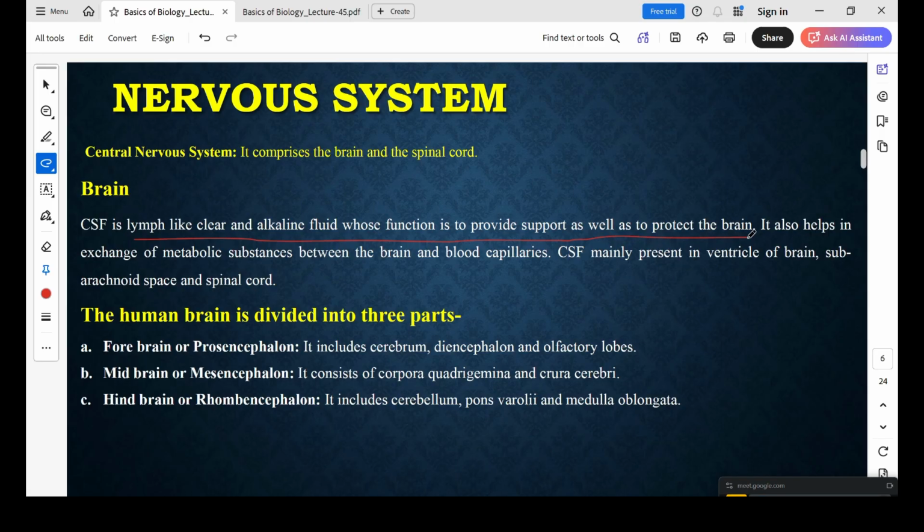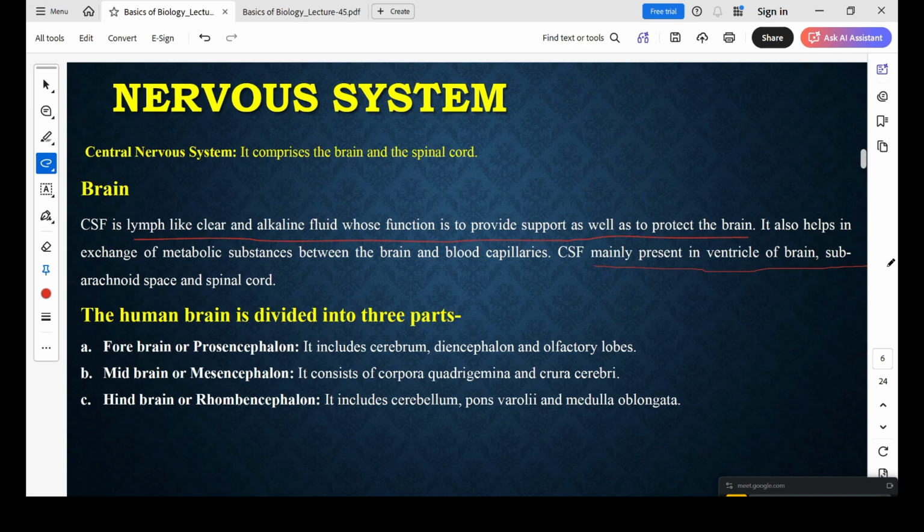It also helps in maintaining the metabolic status of the brain and the blood capillaries that surround the brain. So it ensures that there is no buildup of any metabolic substances inside the brain. So it is very important for the maintenance of the environment of the brain.